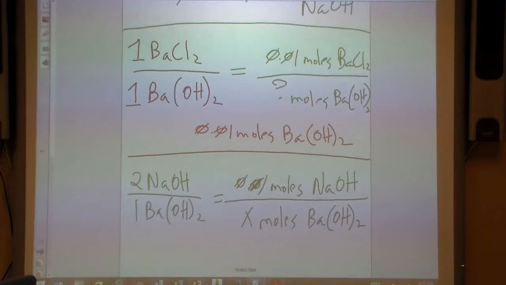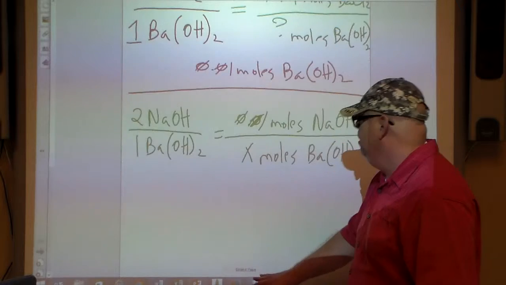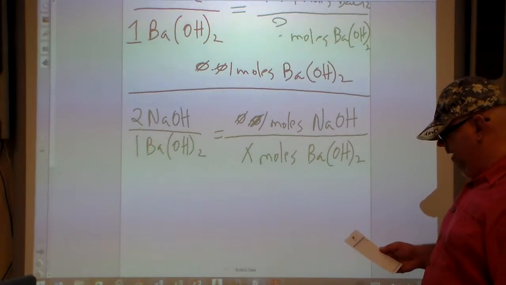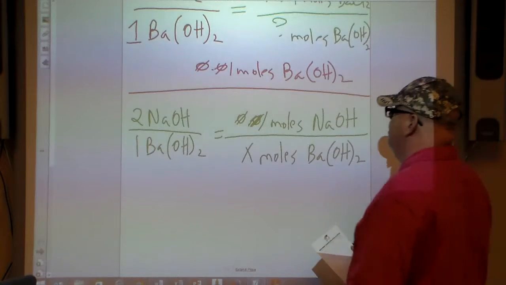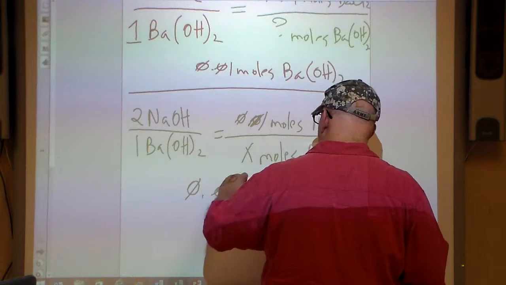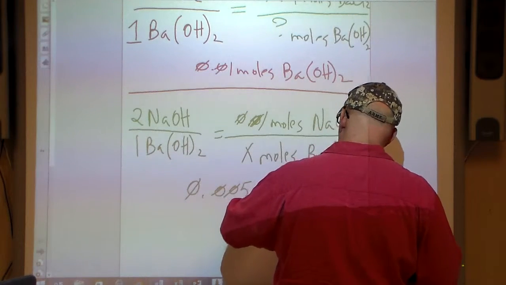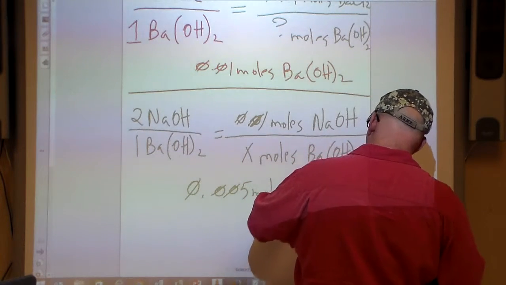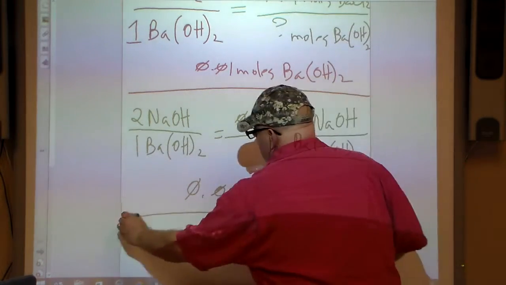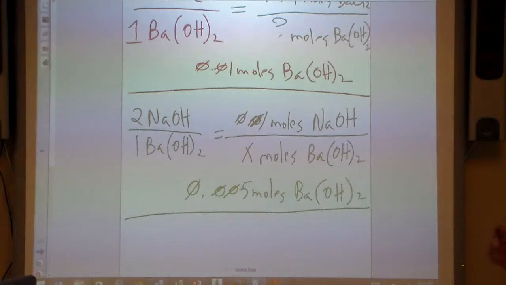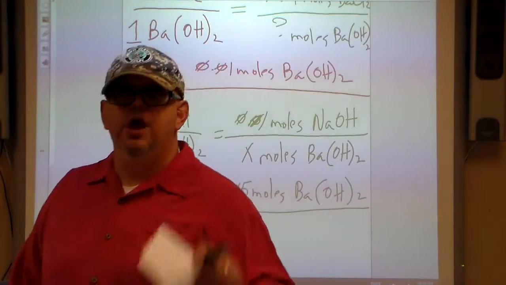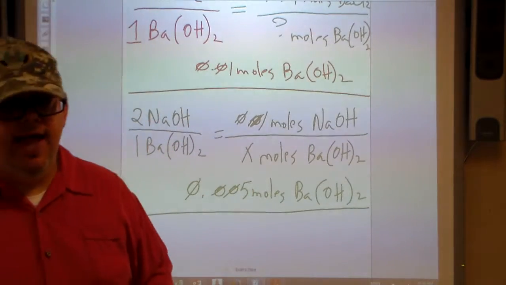Now we solve for X. The nice part is that we would end up getting 0.005 moles of Ba(OH)2.